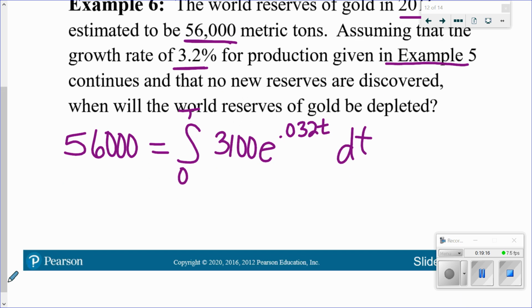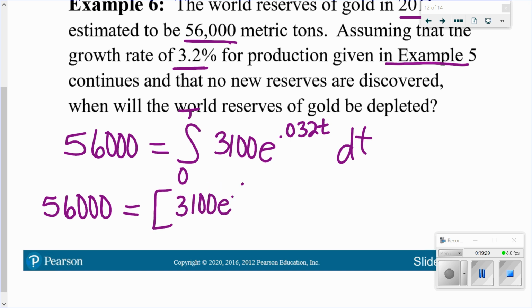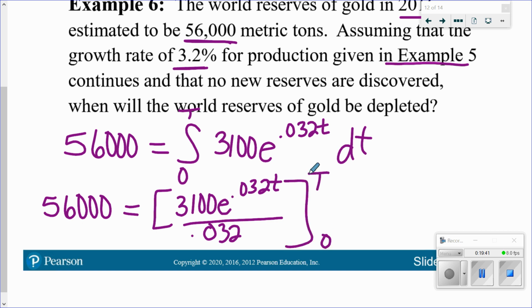Okay, let's go ahead and take the antiderivative here. So we have 56,000 equals 3,100 e, remember, write it exactly as it appears, and then divide by the derivative of the exponent. And then we need to evaluate that at 0 and at t.